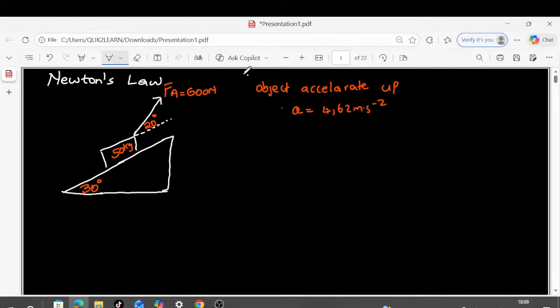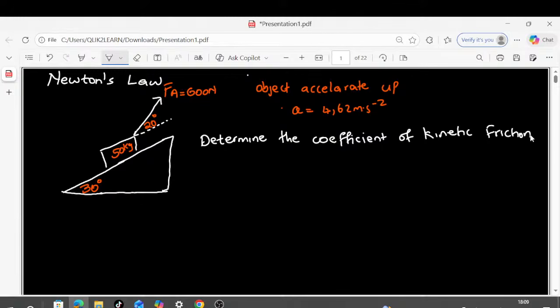They want us to determine the coefficient of kinetic friction.